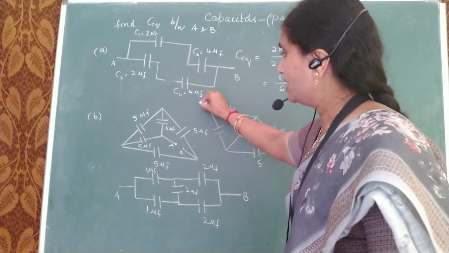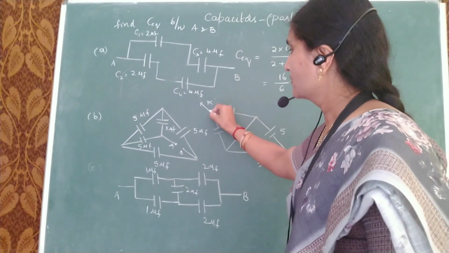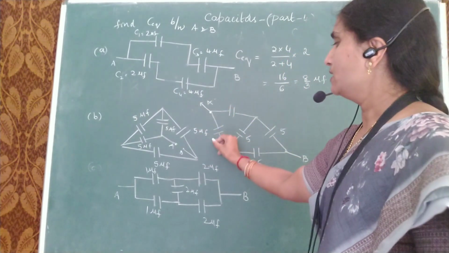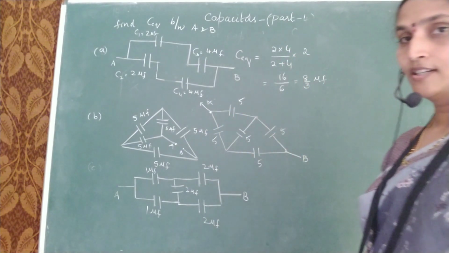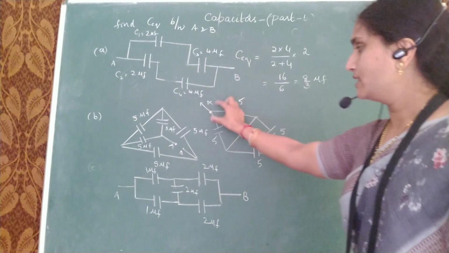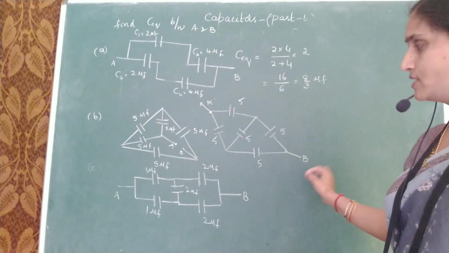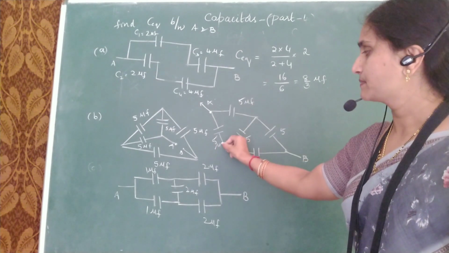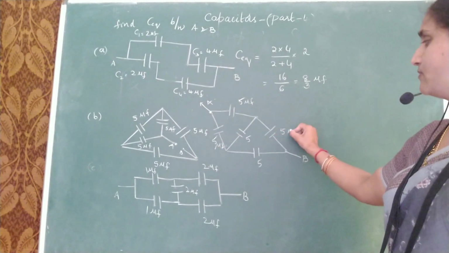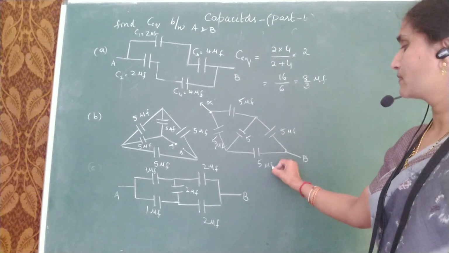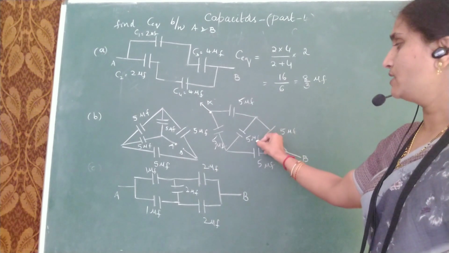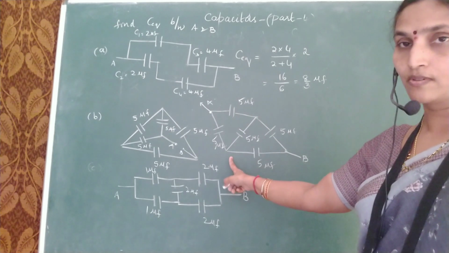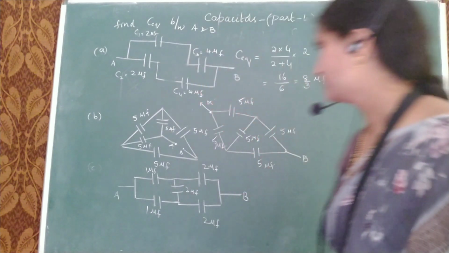This is the terminal A, 5 and 5. Now could you understand that it's a Wheatstone bridge? Check whether it is balanced or not. 5 by 5 is equal to 5 by 5. So what should be the charge on the central capacitor? 0. Remove the central capacitor.